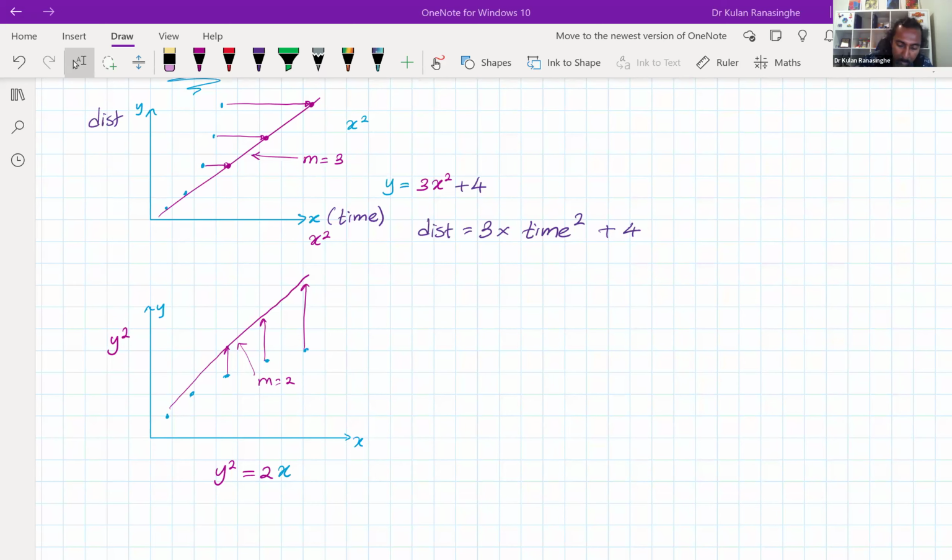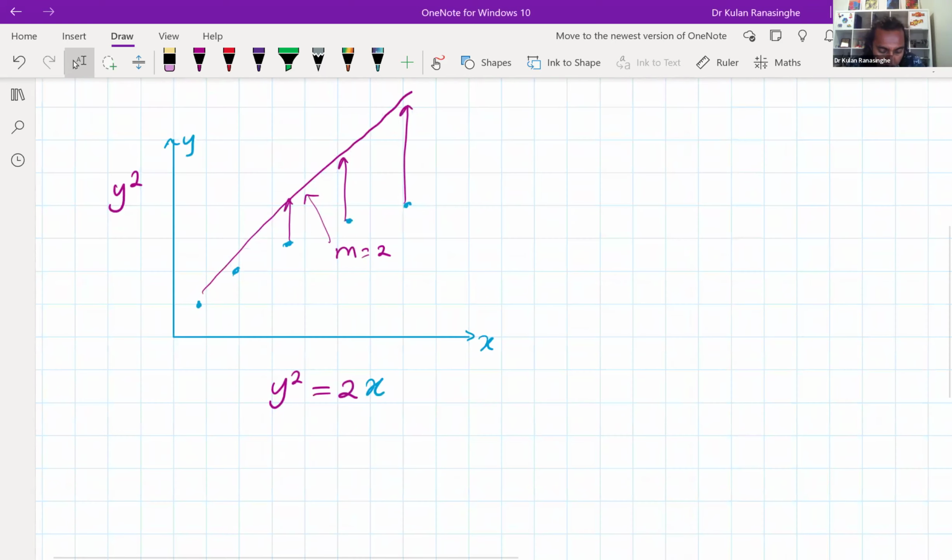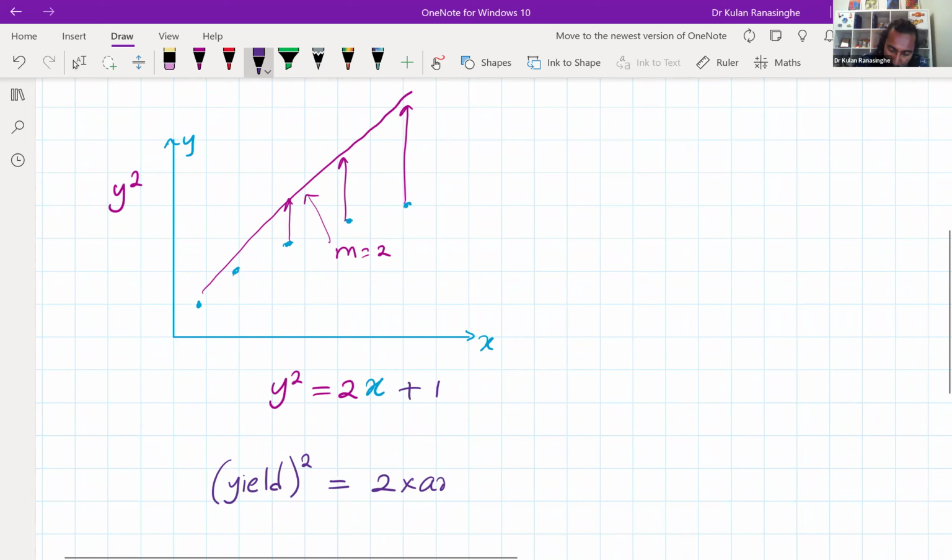Now, in this case, for example, we can think of fertilizing something and we get a yield. Y is my yield. Now yield squared is equal to 2 times, let's say, the area in square meters, plus 1. So 2 times the area plus 1 gives the yield squared.